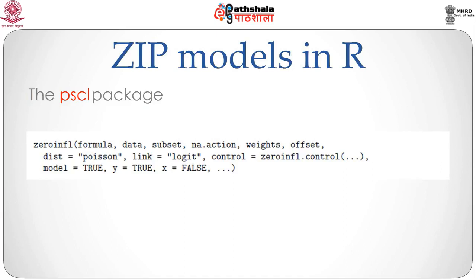ML estimates are calculated using the optim function in R, and the controls can be set using the function zeroinfl.control. Starting values could either be user supplied or estimated by the EM algorithm or by glm.fit, which is the default value.